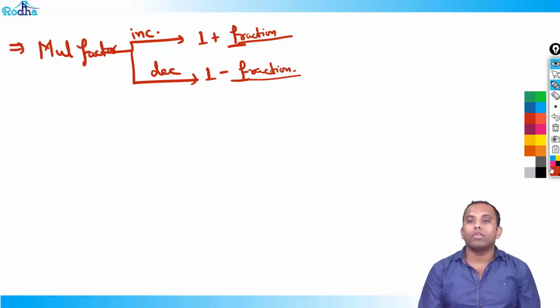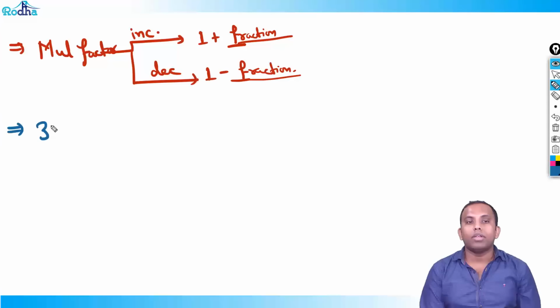So in one step, suppose I take the example 648 if decreased by 37.5%.